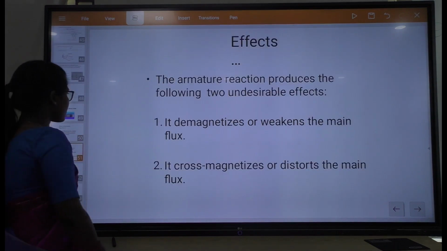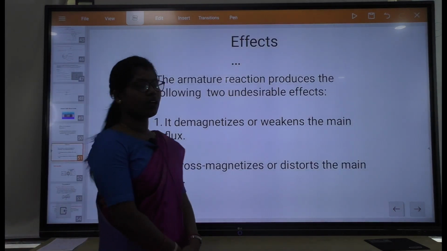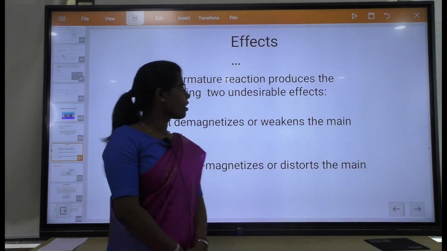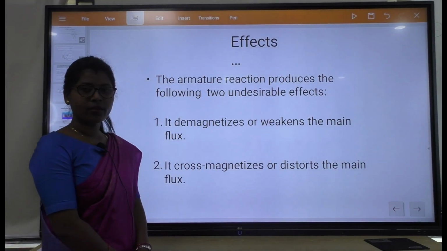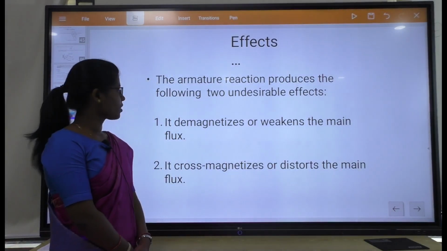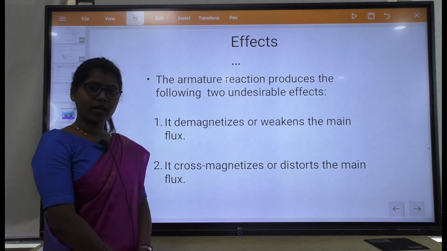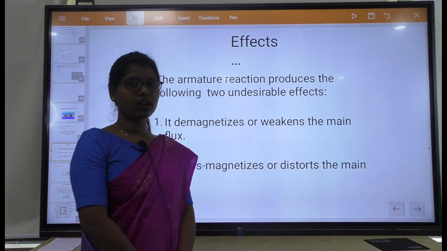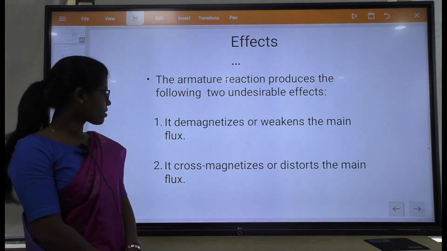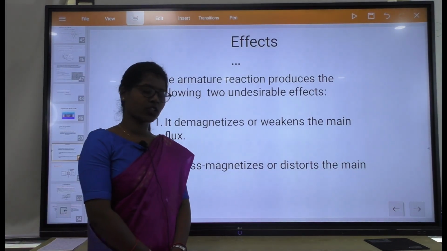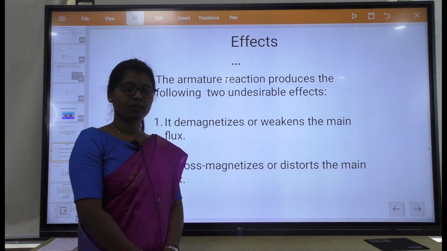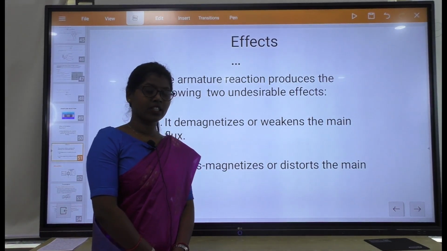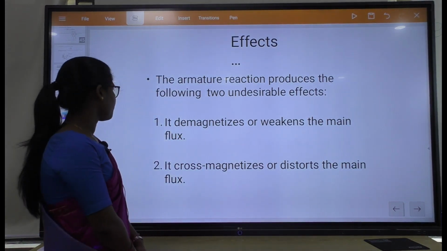So what are the effects that armature reaction produces? The effects are undesirable effects for the DC machines. If armature reaction occurs in the DC machines, then it weakens the main field flux or demagnetizes the main field flux. Second, the armature reaction cross magnetizes or distorts the main field flux.